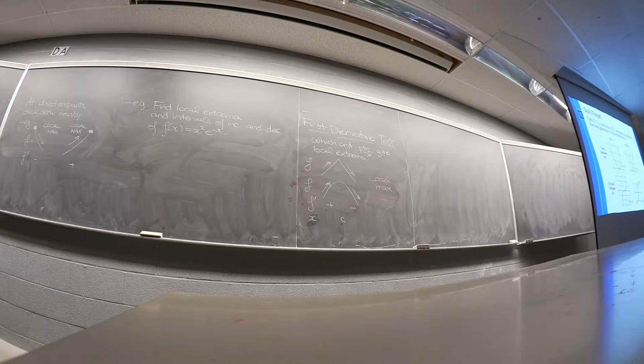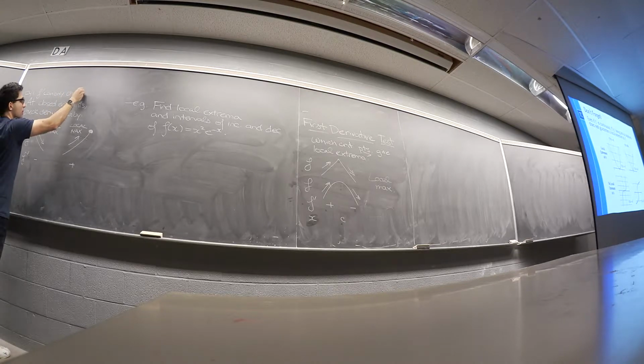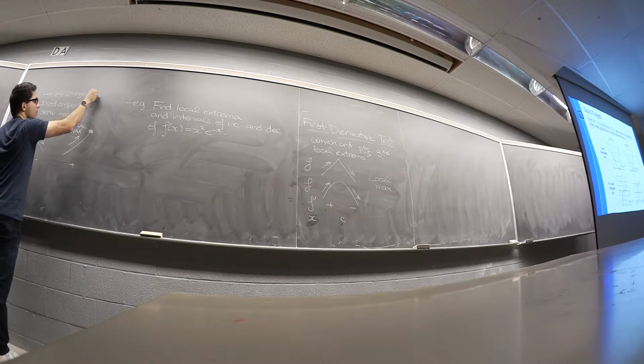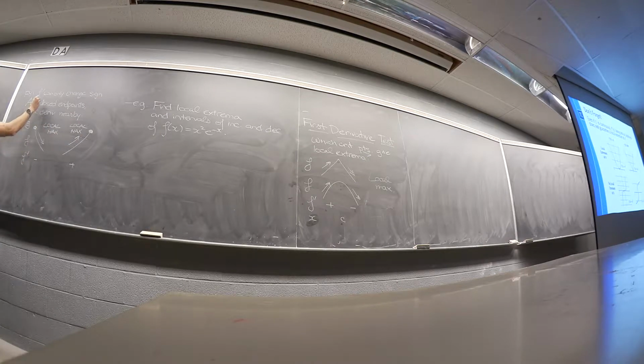I'm deciding if I should say that thing or not. So FYI, the derivative can only change sign through critical points. Okay, we want to find the local extrema of this thing.